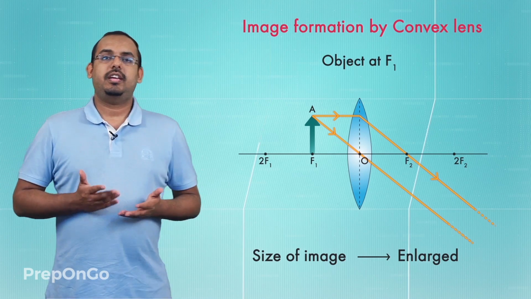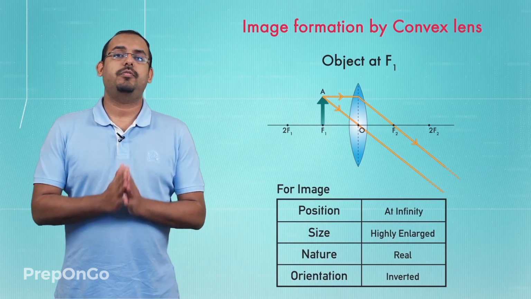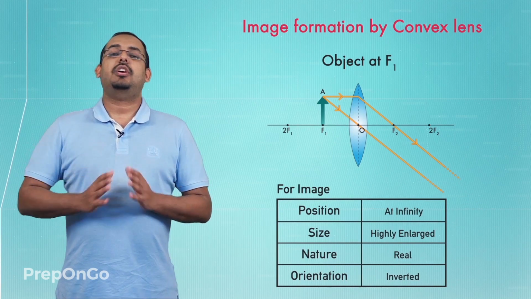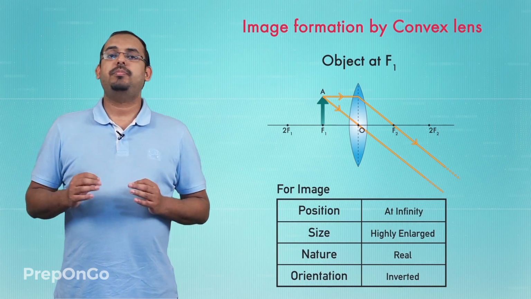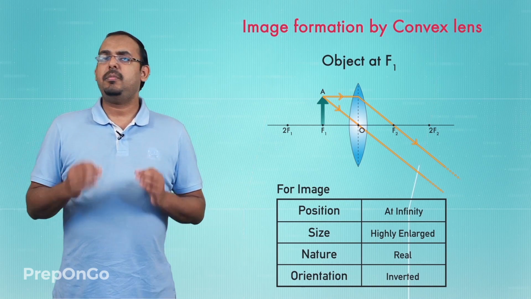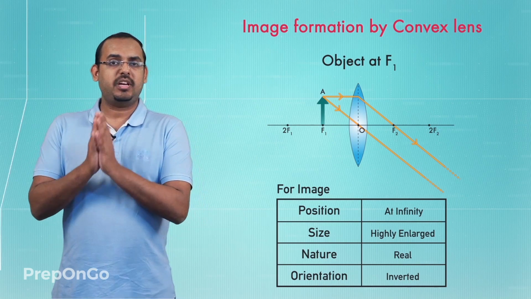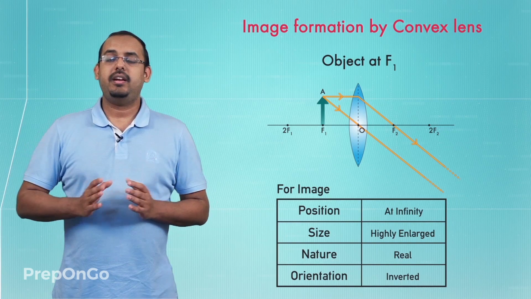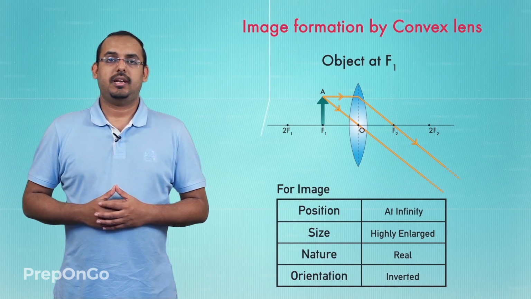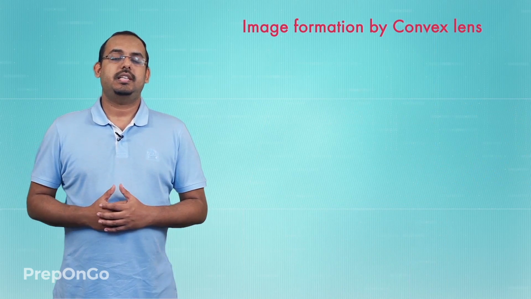So in this particular case of image formation, where the object was placed at the focus of the convex lens, a real and inverted image of that object was formed at infinity with respect to the convex lens. And the image that was formed was highly enlarged in size, or was much higher in size, when compared to the size of the original object. So this is the fifth case of image formation with a convex lens.